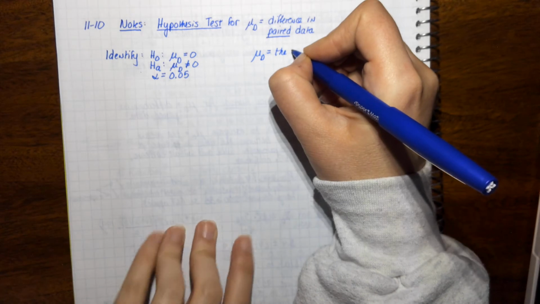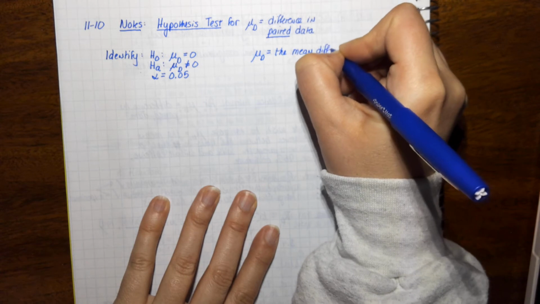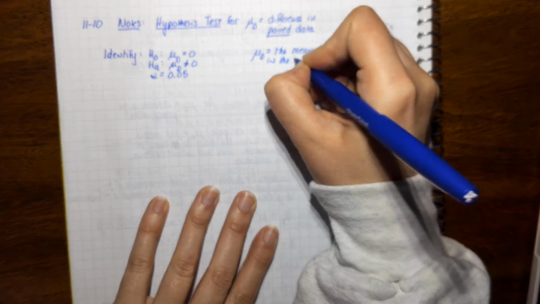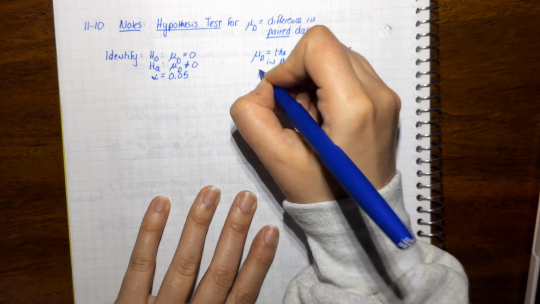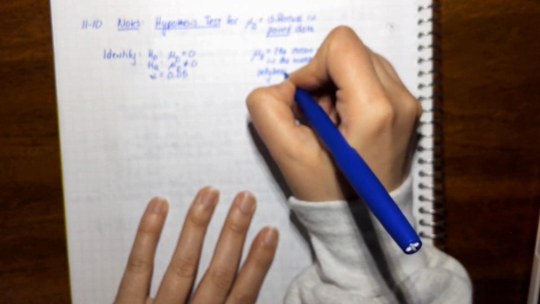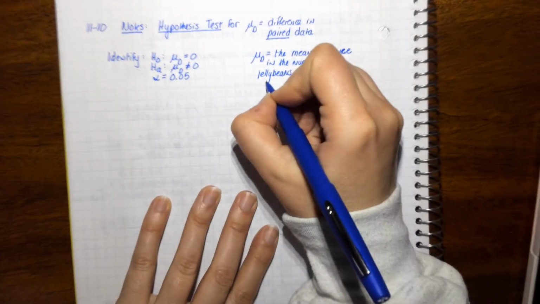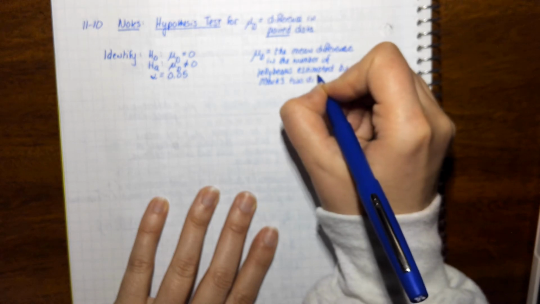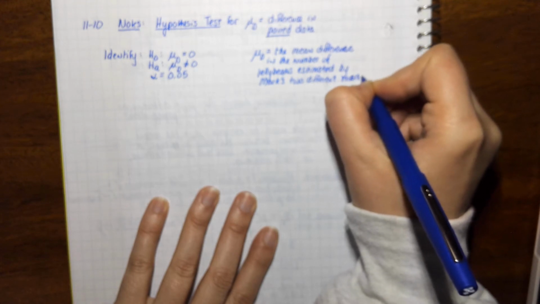the mean difference in the number of jelly beans estimated by Mark's 2 different methods.